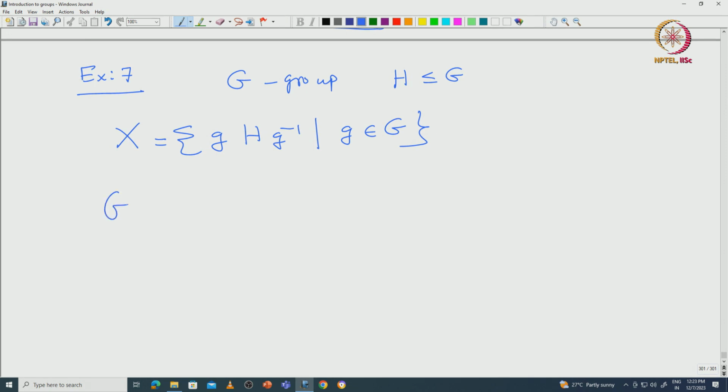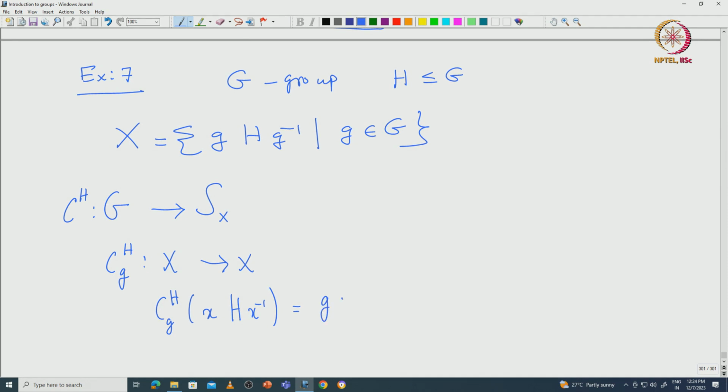Then G acts on this X, let us call it C_g, conjugation on this H. Then you map C_g, which is a map from X to X, where C_g of some element xHx inverse, you just conjugate via g.